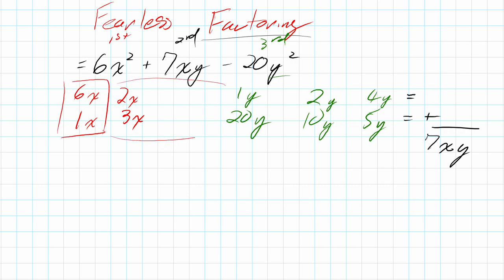So 6 and 1 gives me 6 and 20. No combination of that is going to work. We should also test going across: 1 and 120 definitely doesn't work. 6 and 2 gives me 12, 1 and 10 gives me 10.